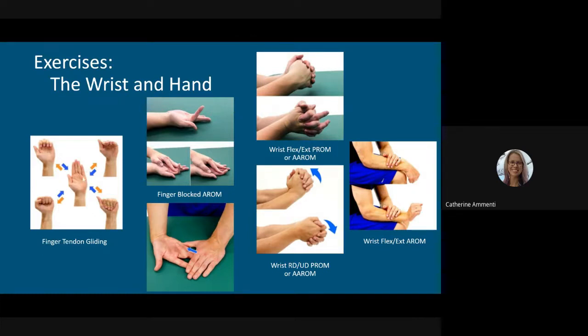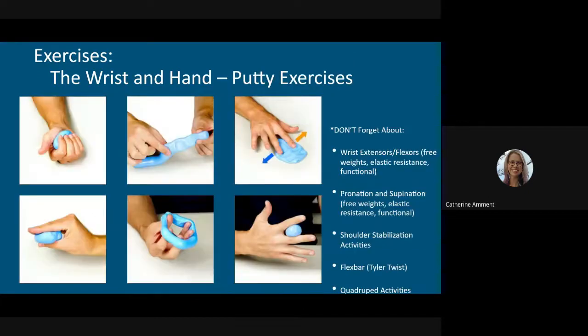So the starting position is in the middle, and you can move in and out of these other positions to get the flexor digitorum superficialis to glide over the deeper flexors, and also kind of massaging the median nerve within the carpal tunnel. Putty exercises are going to be very more specific to the hand as far as intrinsic muscles and those gross motor flexor, wrist and finger flexors and extensors.